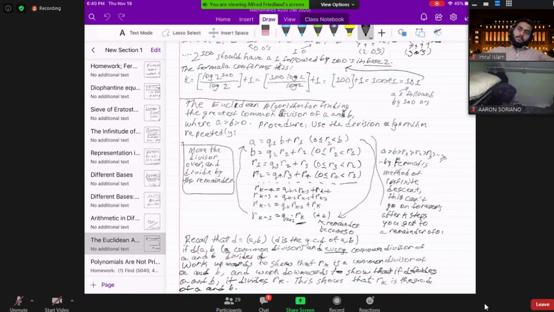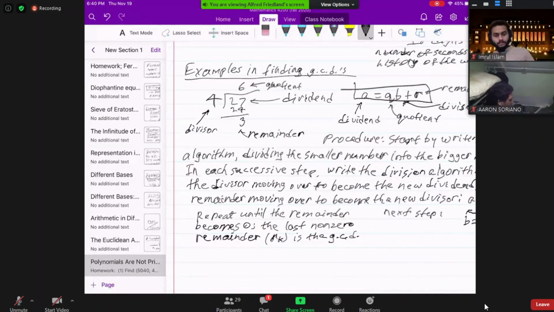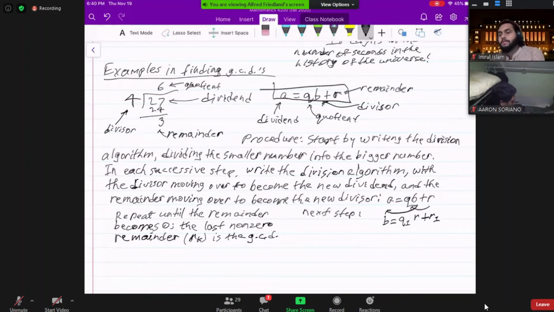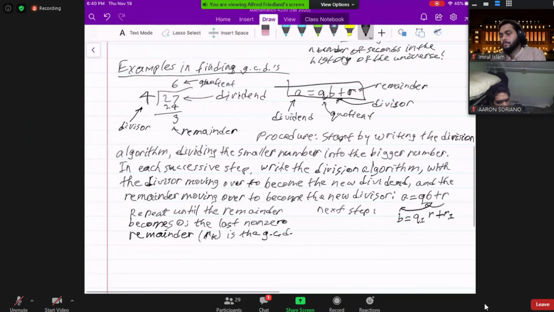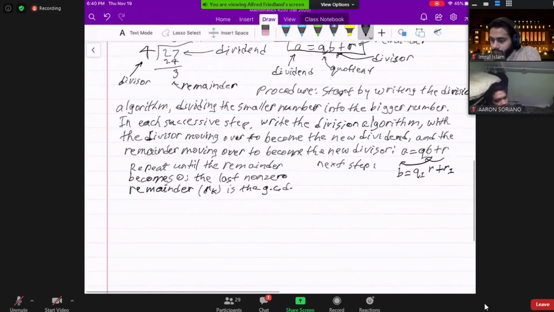So let's come back to today's work and take some examples. I wrote examples, but I started by writing a sort of summary of the instructions. Let's find, let's say, the greatest common divisor of 27 and 15.